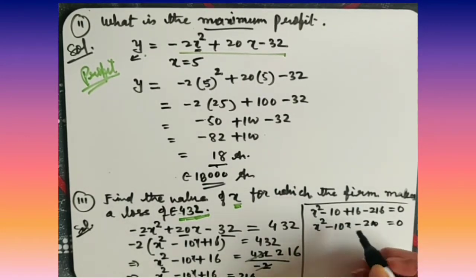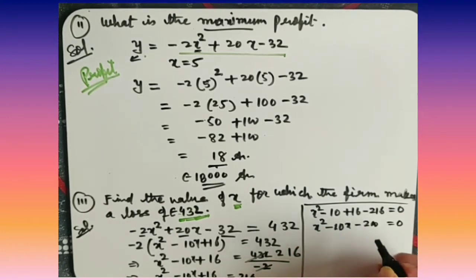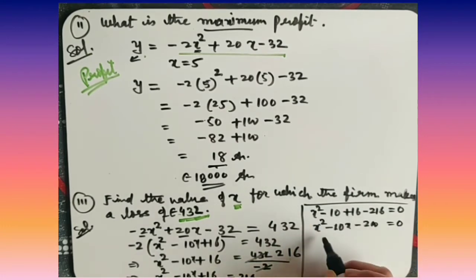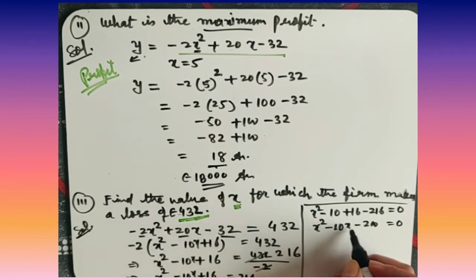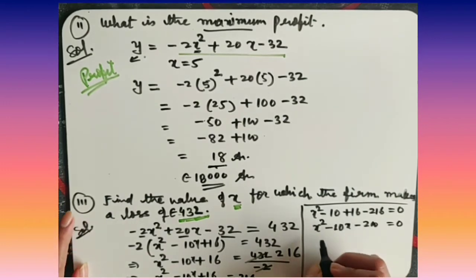We need to find the value of x, so you can use the method of factorization or the quadratic formula. I have uploaded a separate video on finding the value of x using factorization and using the formula. You can check that video. Here we will use the factorization method.